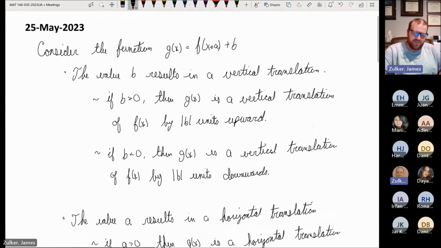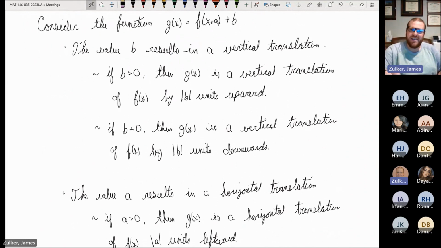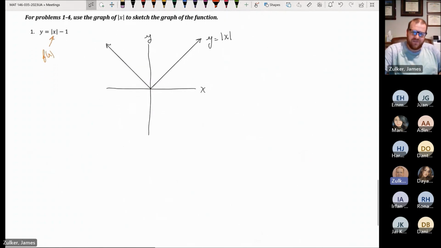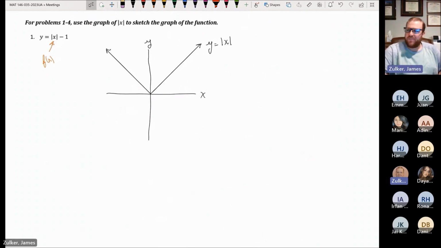For horizontal, it has to be of the form f of x plus a. Isn't this f of x plus b? Right? It's vertical because look, we're changing the output, not the input.